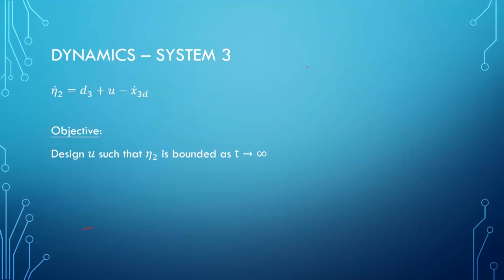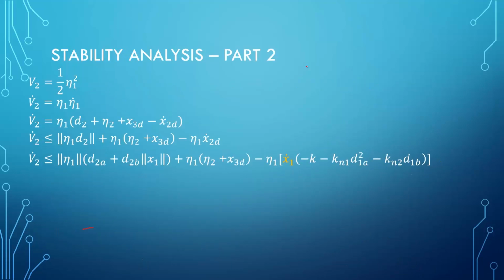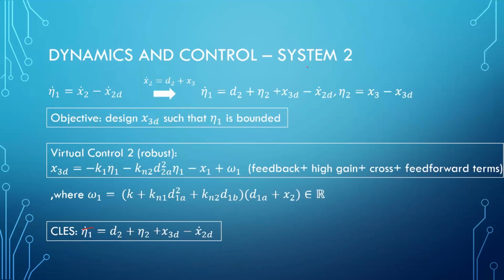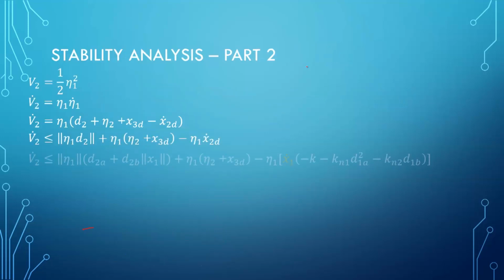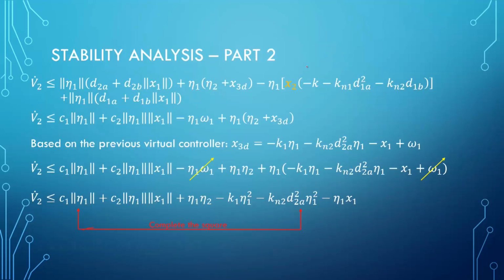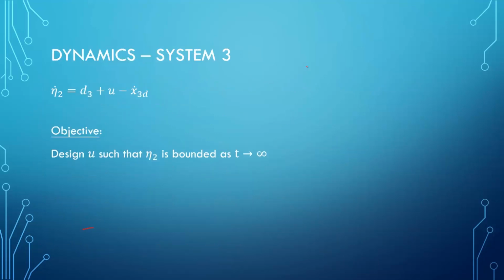And this could be very complicated, because S3D is this: you need to take the time derivative of this and put in the controller of the next system. S3D is very complicated and you need to take one more time derivative and use U to compensate this term. That's why I did not write down what U is, because U is too complicated.